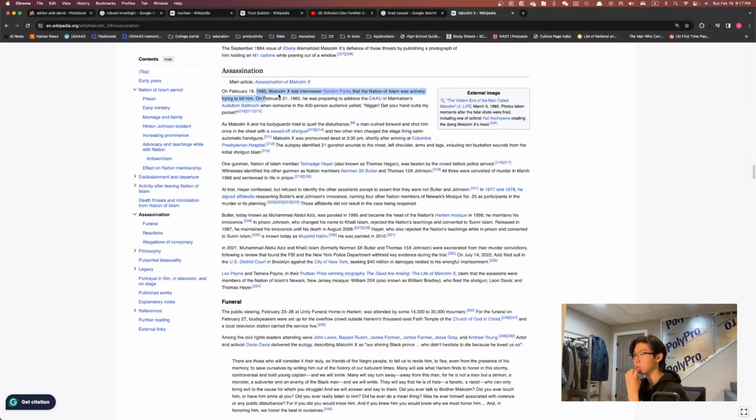21 gunshot wounds to the chest, left shoulder, arms, and legs, and 10 buckshot wounds from a shotgun blast. Norman 3X Butler and Thomas 15X Johnson.